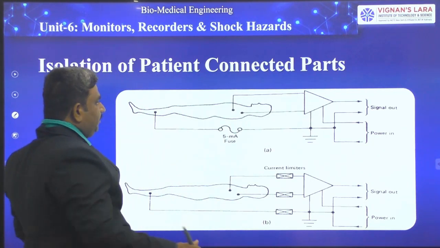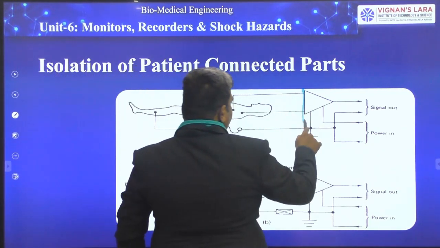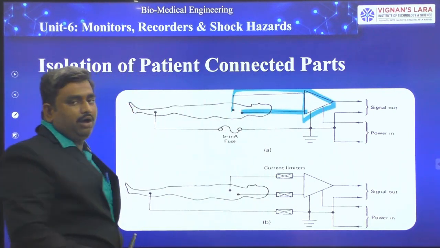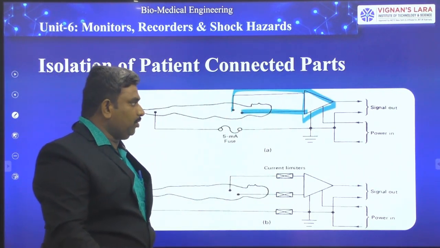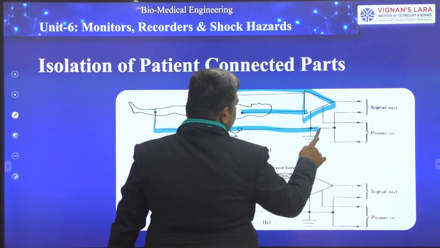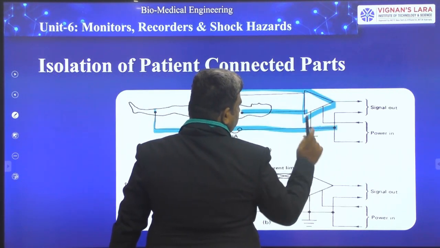So see here, we have a differential amplifier. To this differential amplifier we have connected two terminals to the human body, and here the earth connection, the ground connection, the fourth one reference connection also we have connected.